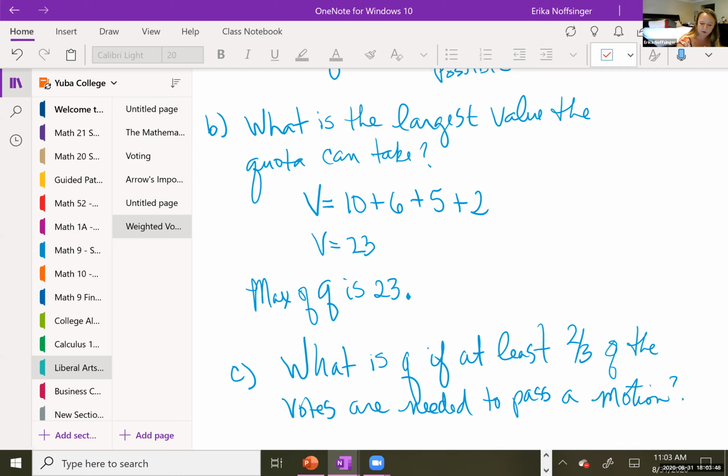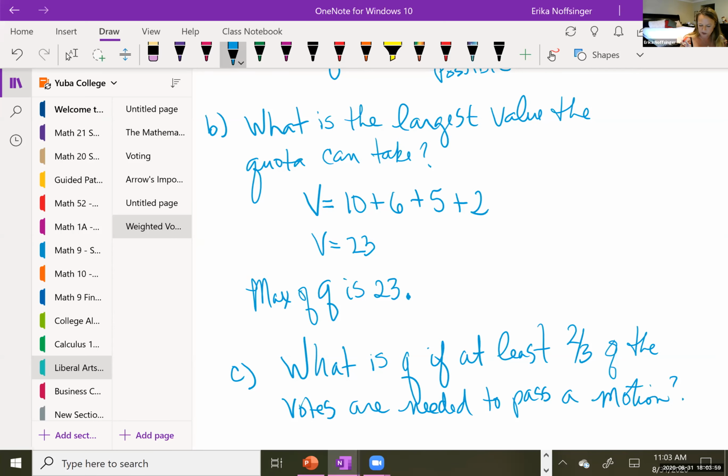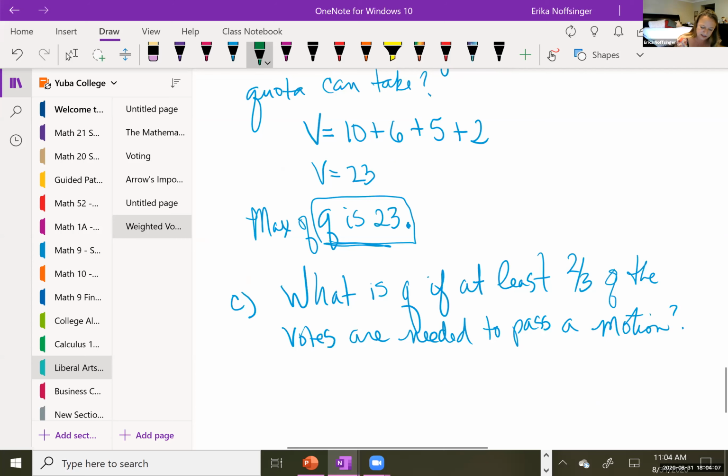Well, we did part of the work already. We know the max. We know that the total here is 23.